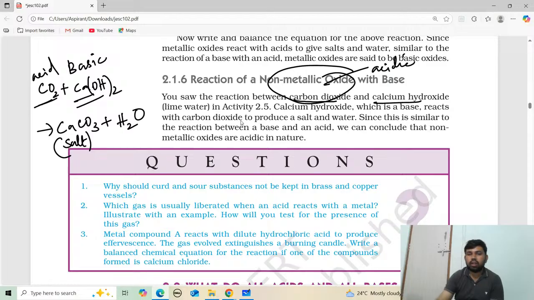Then come to the blue questions. Why should substances containing acid, like sour and curd-like substances, not be kept in brass and copper vessels?